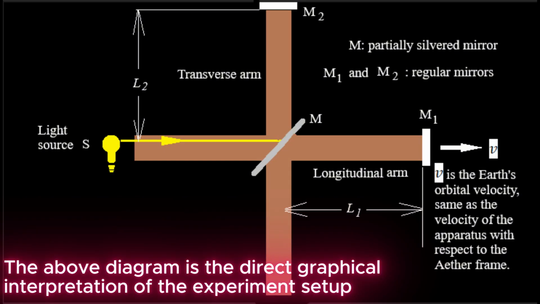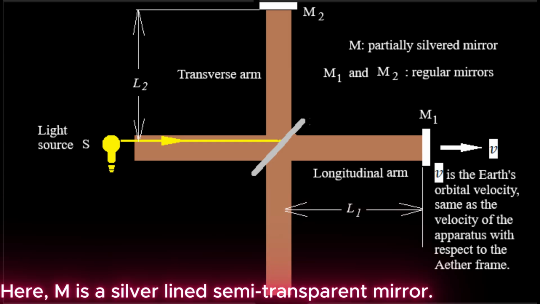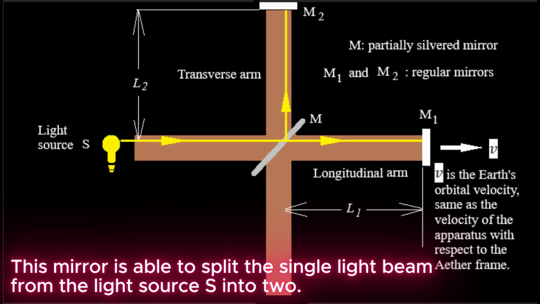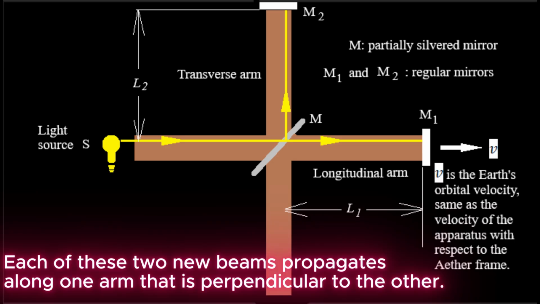The above diagram is the direct graphical interpretation of the experiment setup. Here, M is a silver-lined, semi-transparent mirror. This mirror is able to split the single light beam from the light source, S, into two. Each of these two new beams propagates along one arm that is perpendicular to the other.